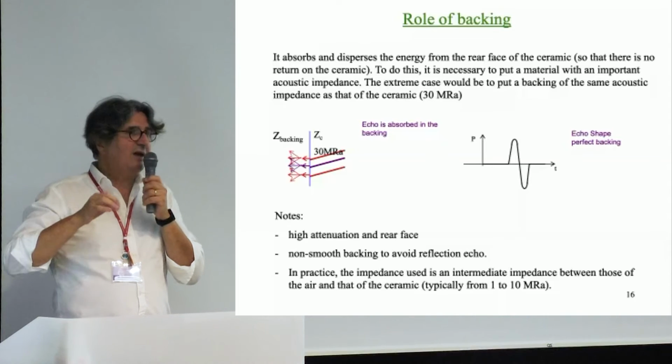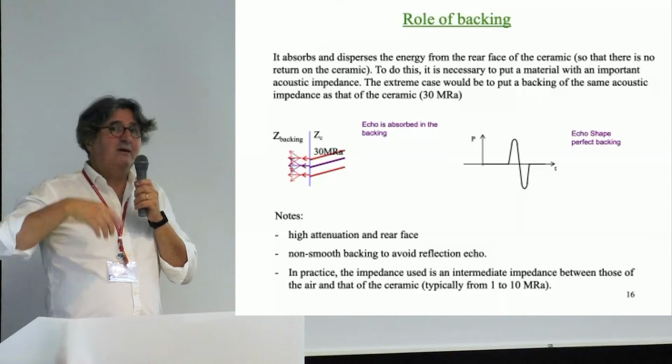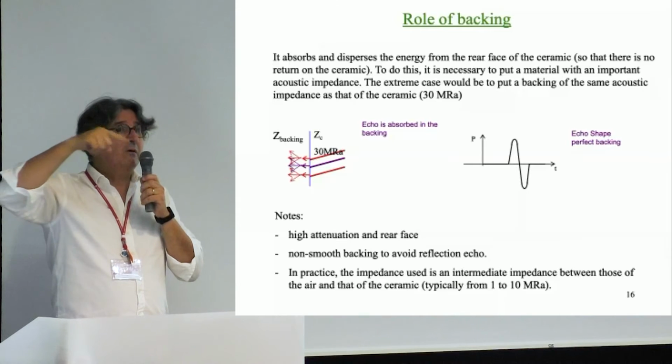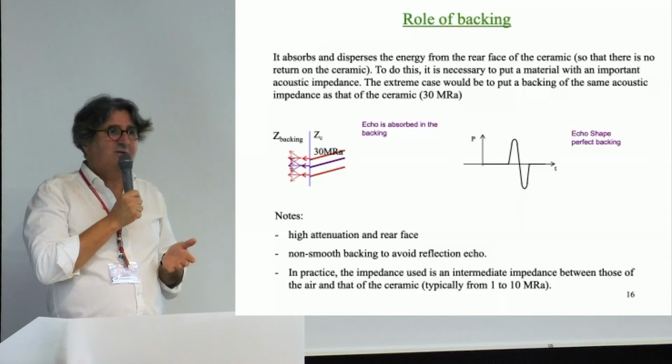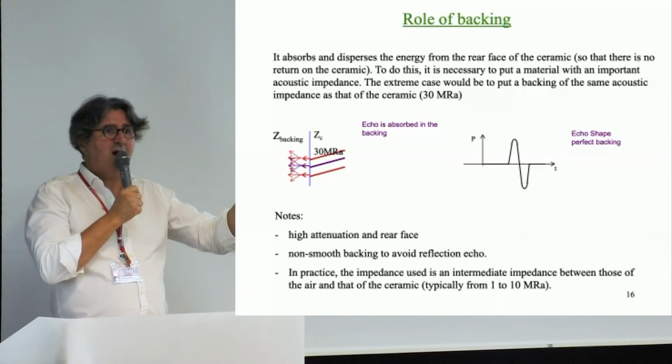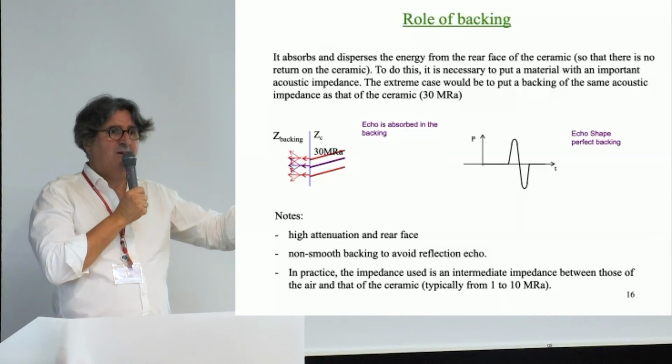The ceramic is like a cymbal. If you hit the cymbal, then it will ring for a long duration. But you can reduce this duration by doing what? If you put your hand on the cymbal, you will rapidly reduce the time duration of the cymbal.